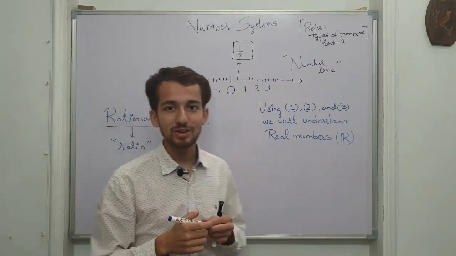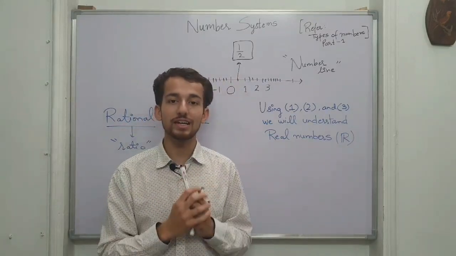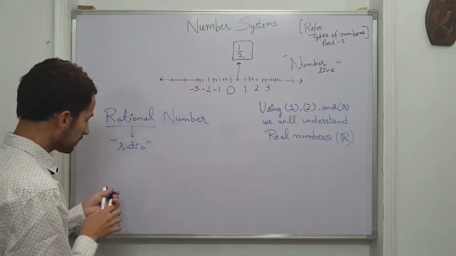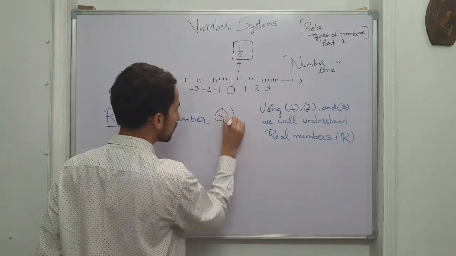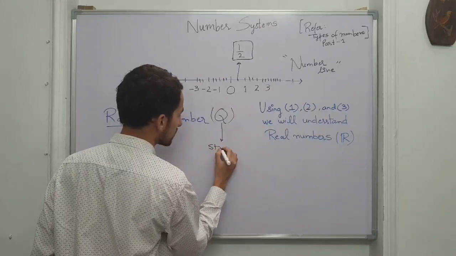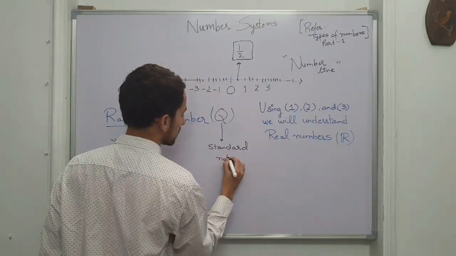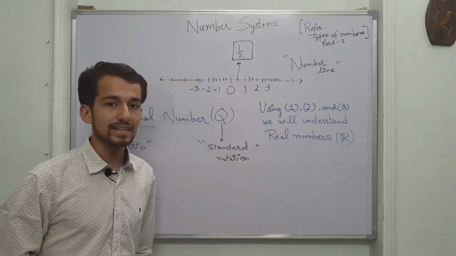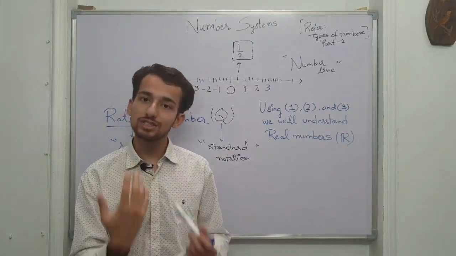From the earlier classes you have studied what a ratio is, and here in the case of rational numbers we have taken the ratio of two integers P and Q. Fine. So there is a standard notation we use. This Q is nothing but the standard notation for denoting the collection of numbers called rational numbers.